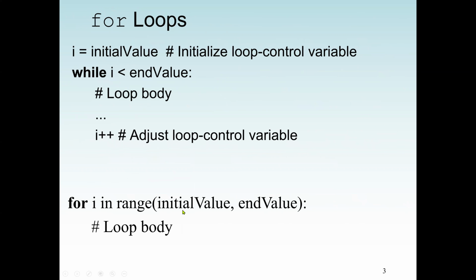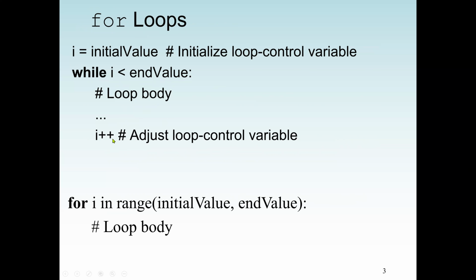So let's start here. We start with the for loop, but before that, we have the syntax again for the while loop. So in the while loop, we have our counter variable to be I. We initialize it either to 0 or 1 or any value we want to initialize it to. Then we have the syntax: while I is less than the end value, the loop body will execute.